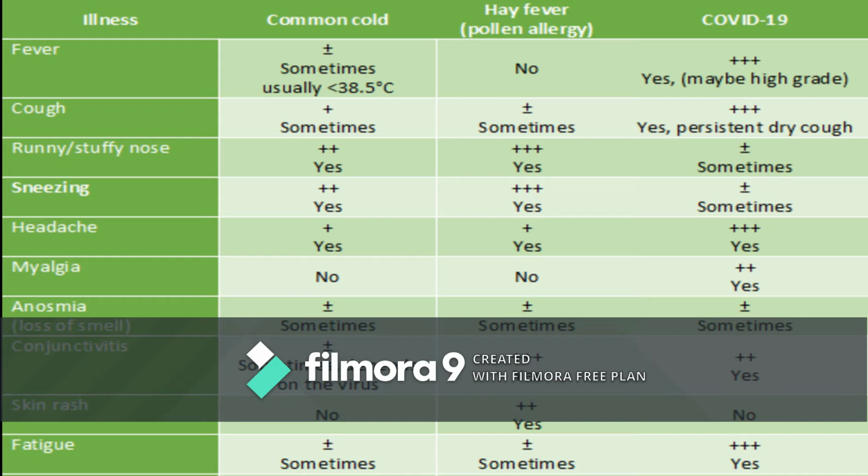For conjunctivitis, sometimes it occurs in common cold, depending on the virus. However, for coronavirus, yes, you have conjunctivitis. For skin rash, you don't have it in any of them. And for fatigue, sometimes you have it in common cold, however, you have really bad fatigue in COVID-19.